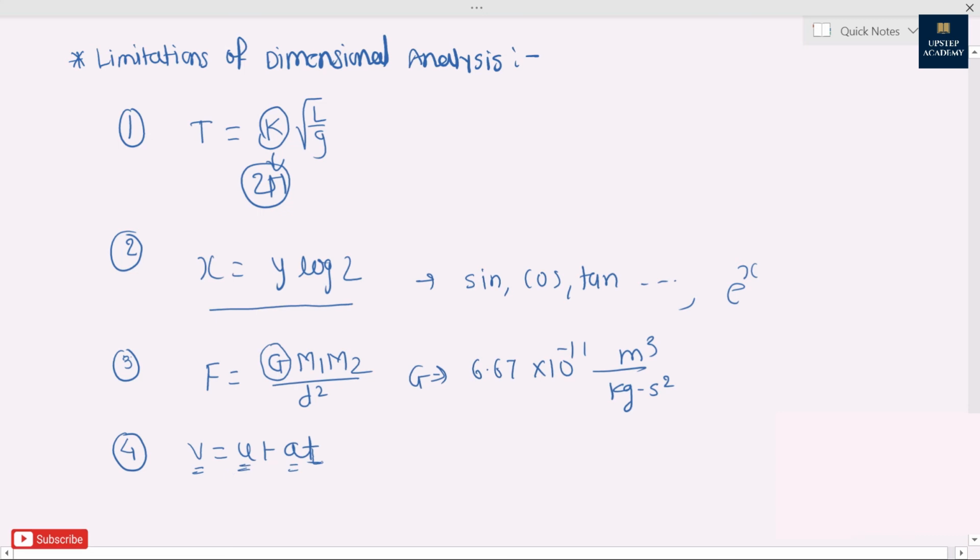So v is equal to u plus at is the equation. But if we take v and at only, then we can set this equation by using dimensional analysis. But by using dimensional analysis, we cannot guess that there is one more physical quantity present, that is u. So this is also a limitation of dimensional analysis.